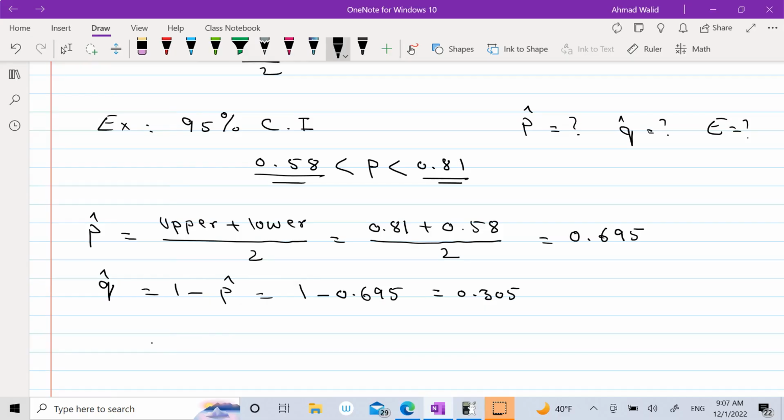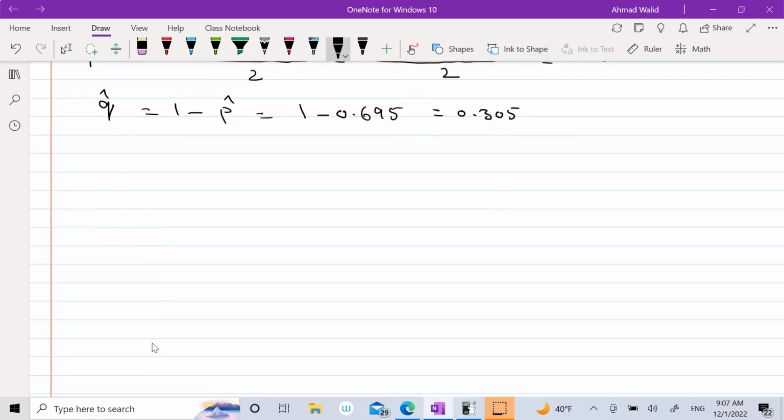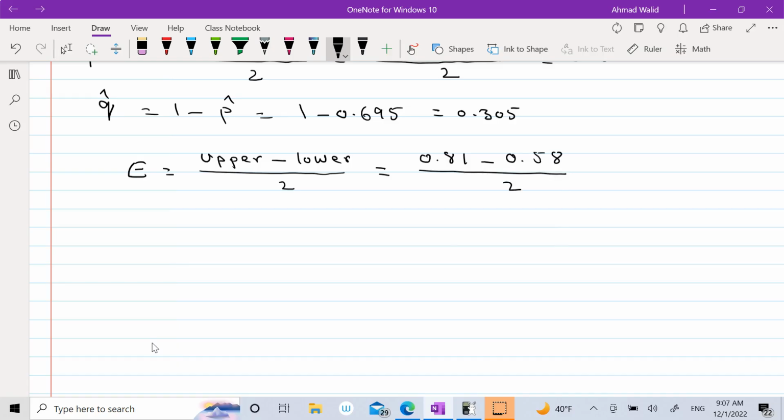Correct? Now, calculating the margin of error. E equals upper minus lower, this time divide by what? By 2, which is equal to 0.81 minus 0.58, divide by 2.